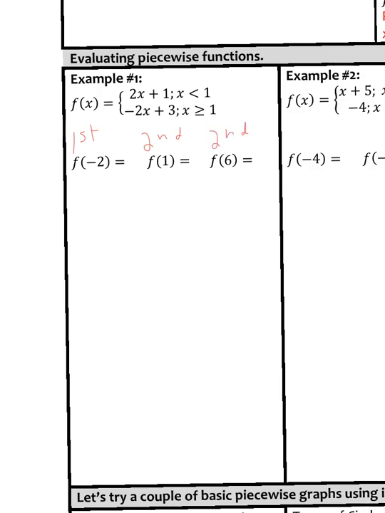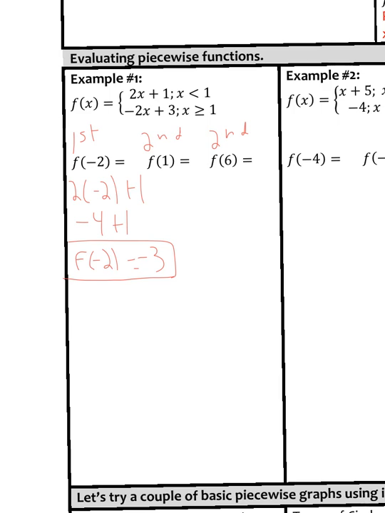So for the first one, instead of x, we plug in negative 2. That's going to give me negative 4 plus 1, which you could just type all of that in the calculator. And how we would write this is f of negative 2 equals negative 3. And that would be our answer.